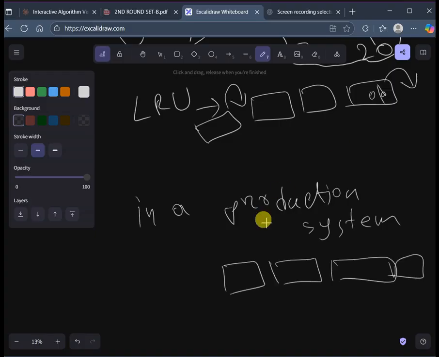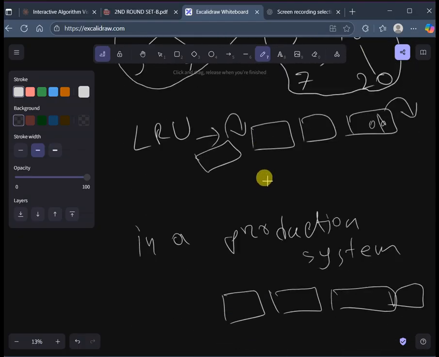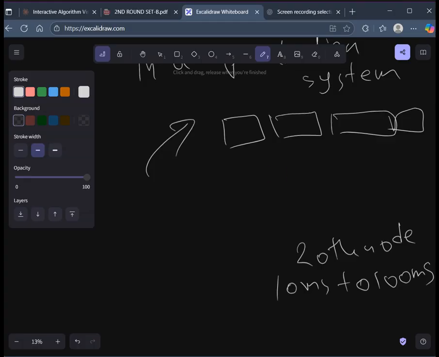Because if we want to use the Splay tree system, it will always reorganize itself with the accessed node as the root node and all the others as child nodes. So if we want to just find the 20th node, my latency will go from 10 ms to 100 ms. So we should be more towards the LRU cache system.